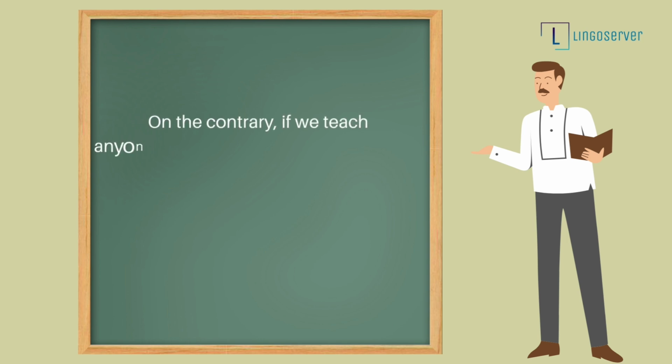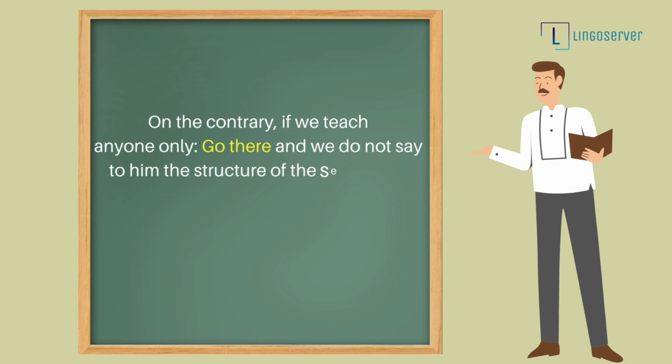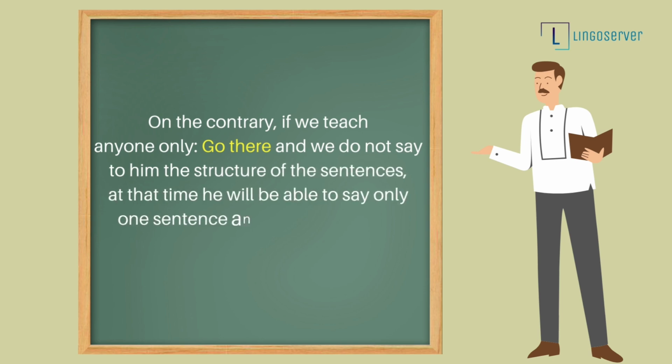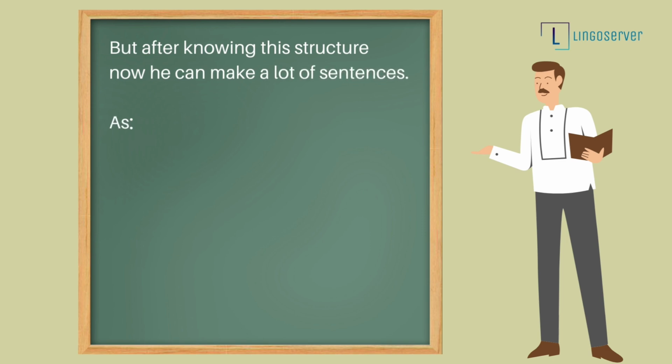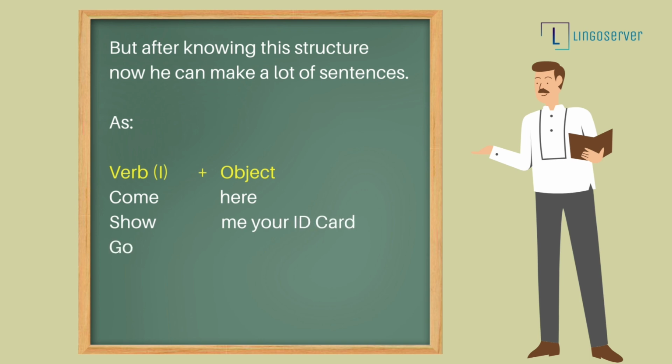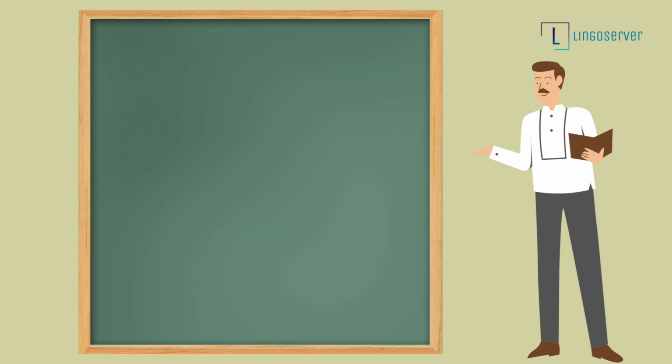On the contrary, if we teach anyone only go there and we do not tell him the structure of sentences, at that time he will be able to say only one sentence, and that is go there. But after knowing this structure, now he can make a lot of sentences such as come here, show me your ID card, go to the college, drink water, take the medicine.